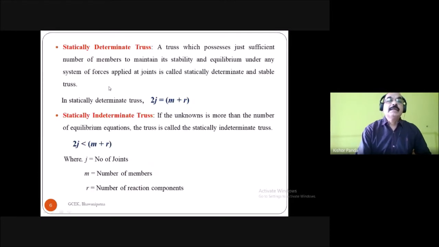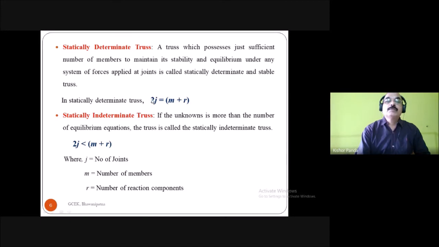Then what is a statically determinate truss? A truss which possesses just a sufficient number of members to maintain its stability and equilibrium under any system of forces applied at joints is called a statically determinate and stable truss. In the case of a statically determinate truss, 2J is equal to M plus R. M plus R is the number of unknown forces and 2J is the number of joint static equilibrium equations.